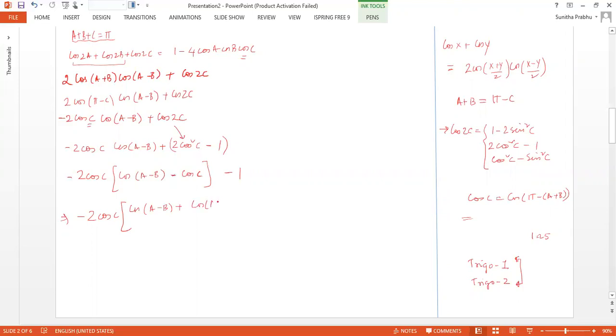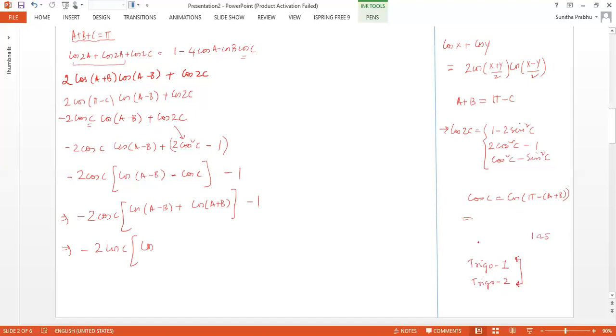Very good. And from here, the part is easy. Cos plus cos. Once again, we use the same formula: minus 2 cos C into cos of the sum of these angles, right?